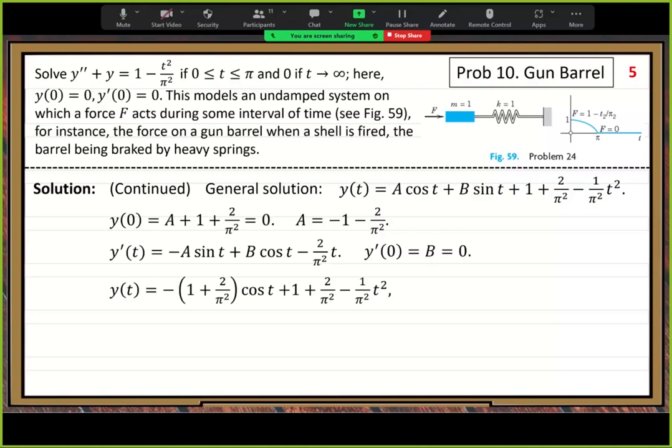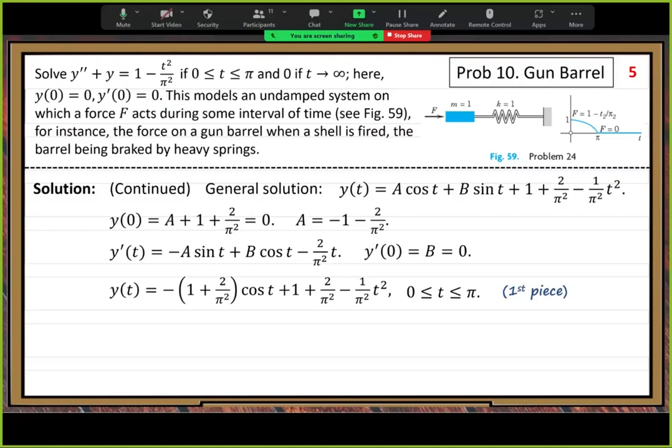We have to modify the equation. So that's only a partial solution on the interval between 0 and pi. So we need to specify the t interval. And this is our first piece of solution.